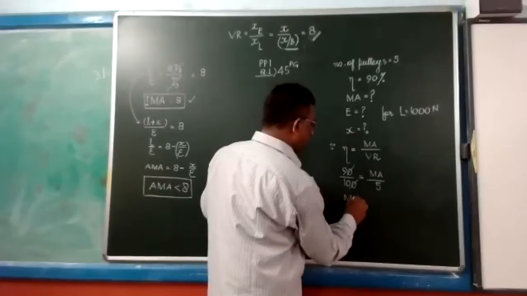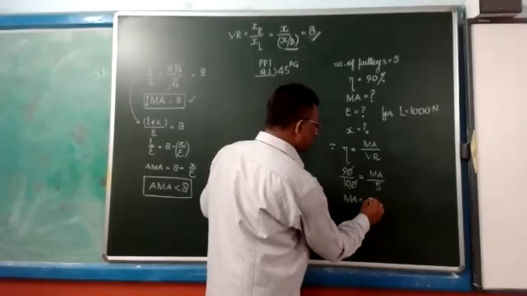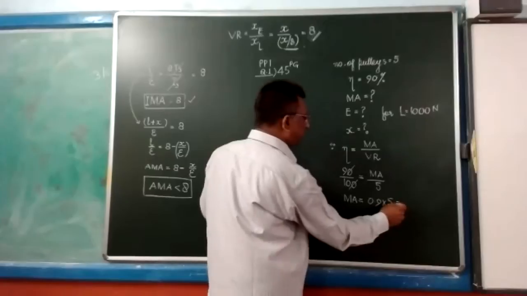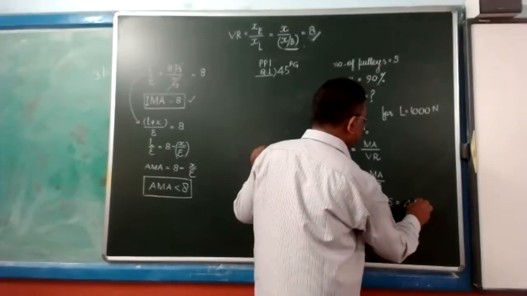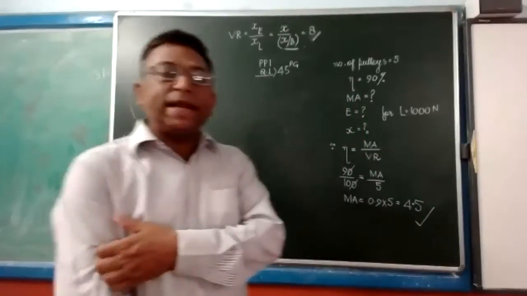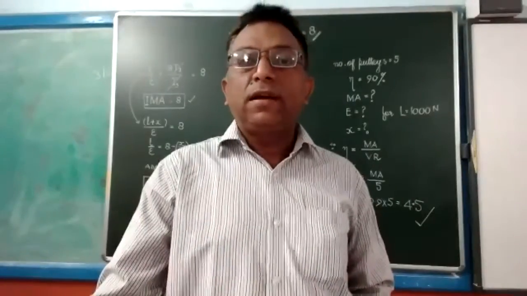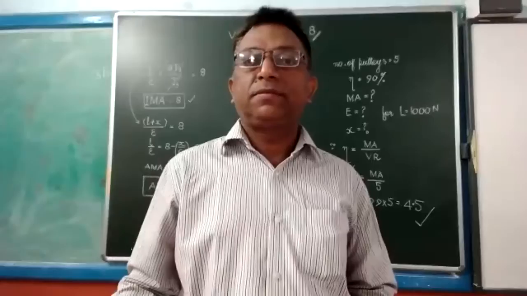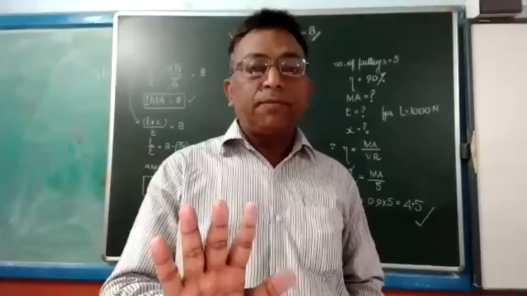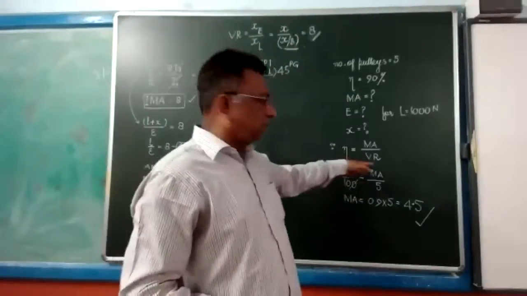So MA equal to 0.9 into 5, which is equal to 4.5. Have you seen? Velocity ratio is equal to the total number of pulleys. Clear? So mechanical advantage is 4.5 using this formula.